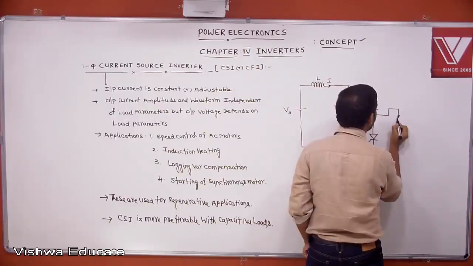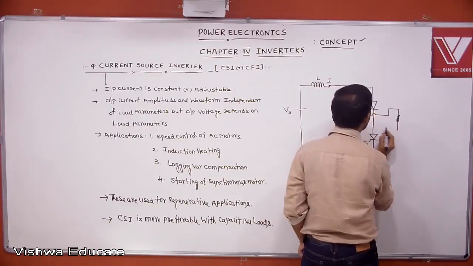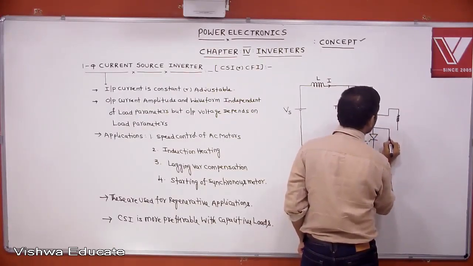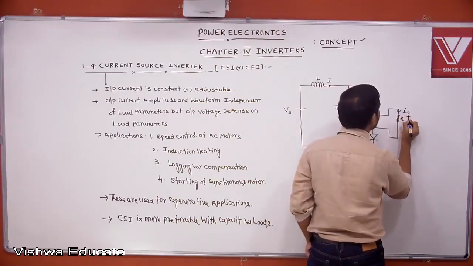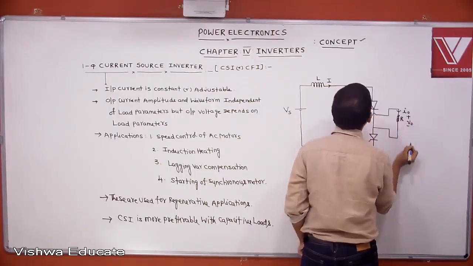I'm explaining the first concept for resistive load. This is R. This is the polarity of load current. This is the polarity of load voltage.